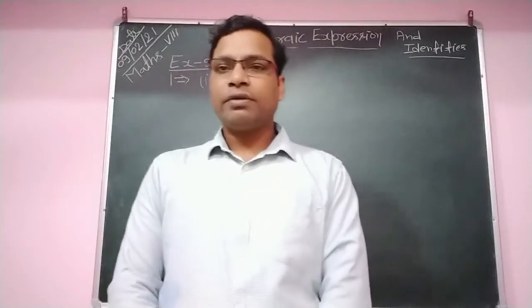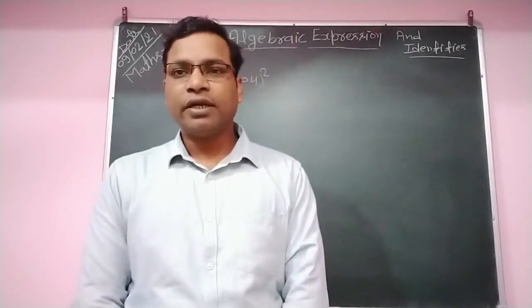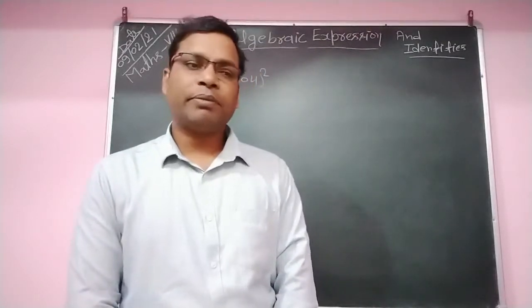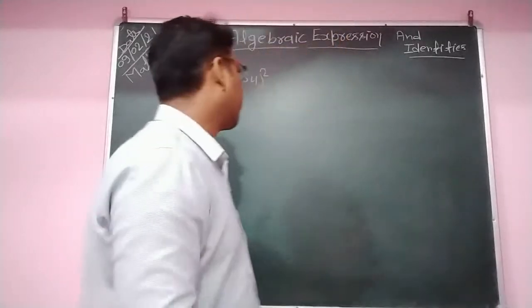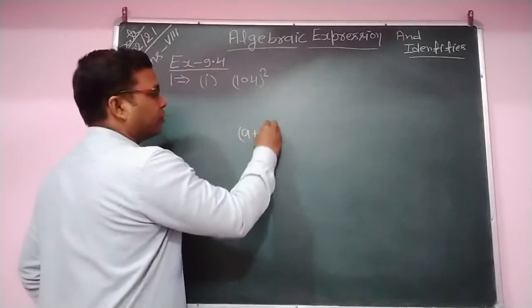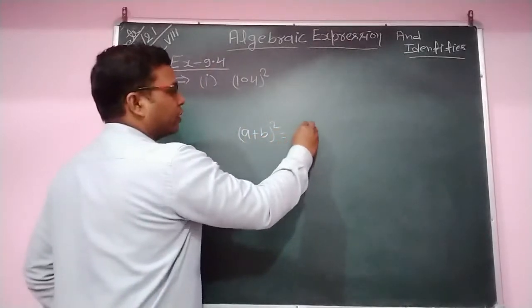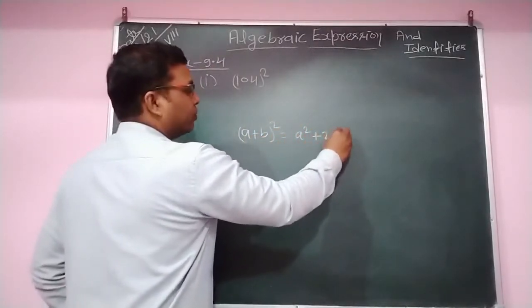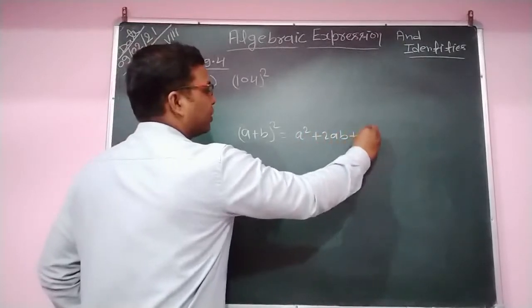Identities you know very well. In this chapter we have 4 identities. The first: whole square of a plus b is equal to a square plus 2ab plus b square.